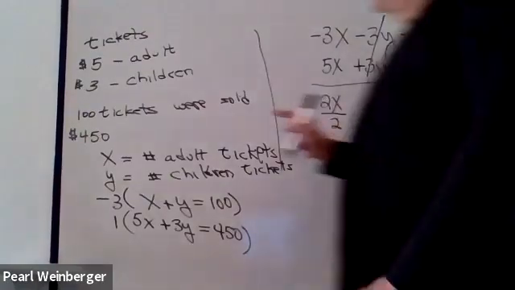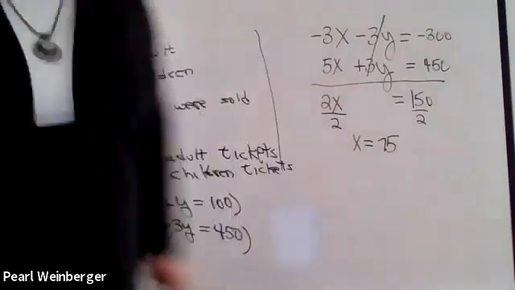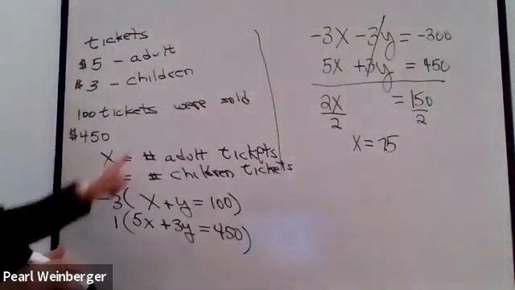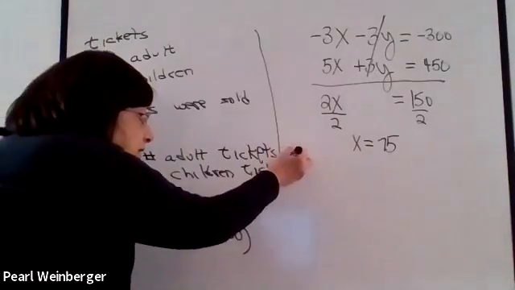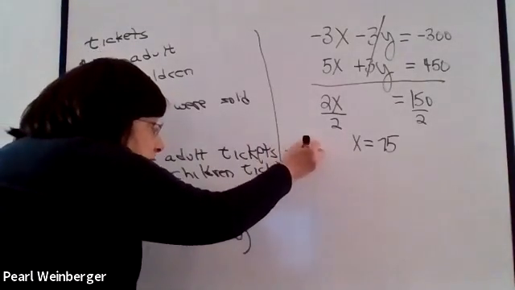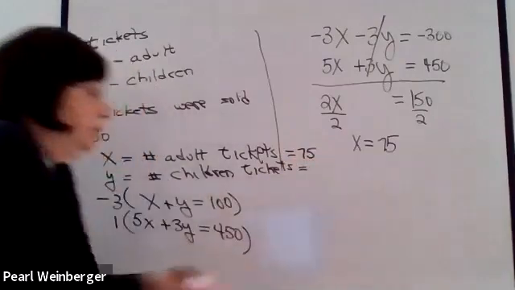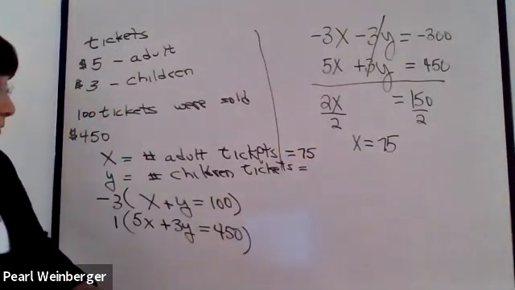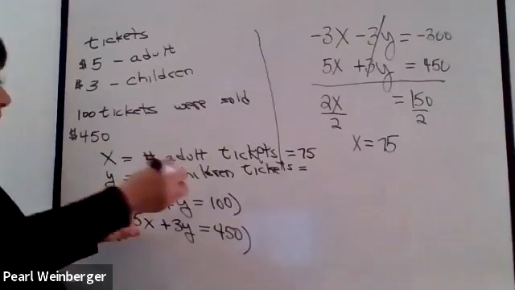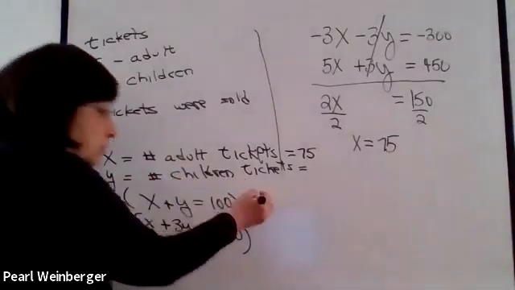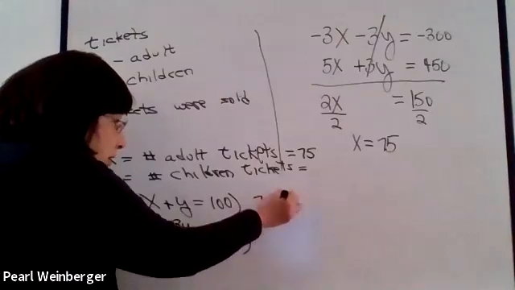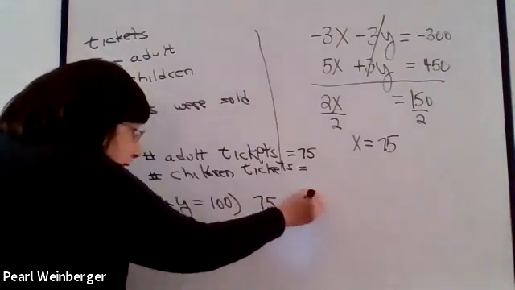So what is that telling me? X stands for adult tickets, so there were 75 adult tickets sold. How many children's tickets were sold? We have to plug the 75 in for the x. Let's do it in this first equation: 75 plus y equals 100.